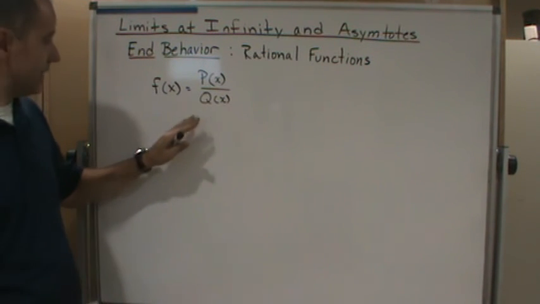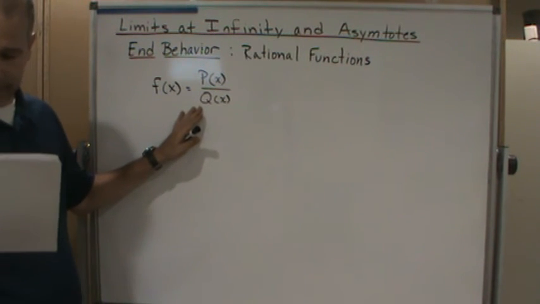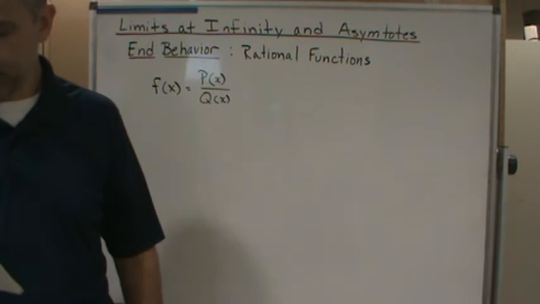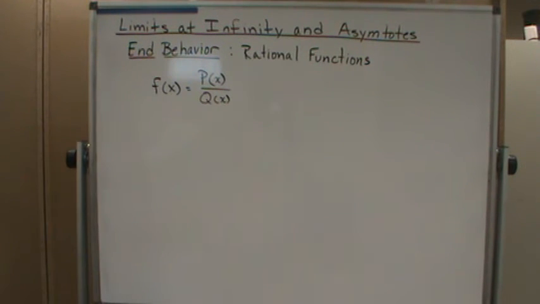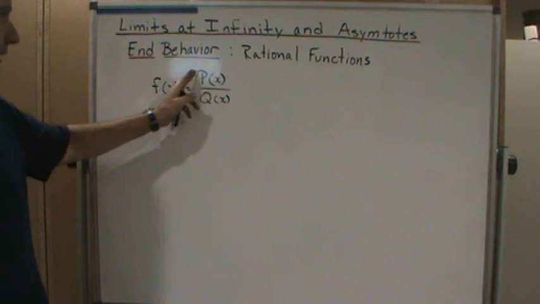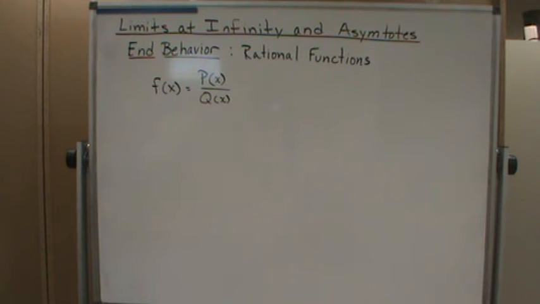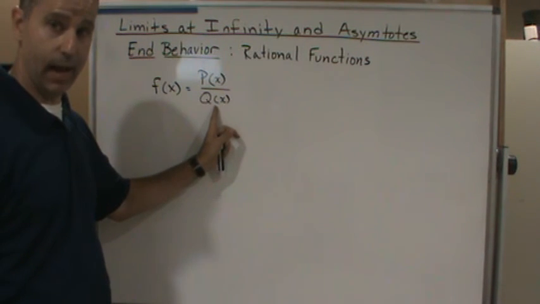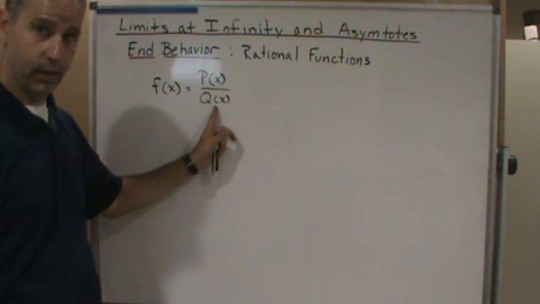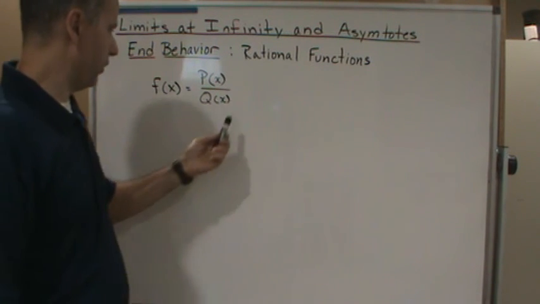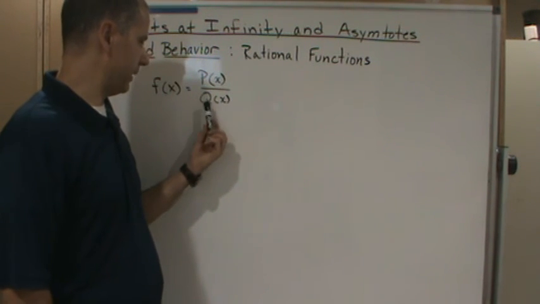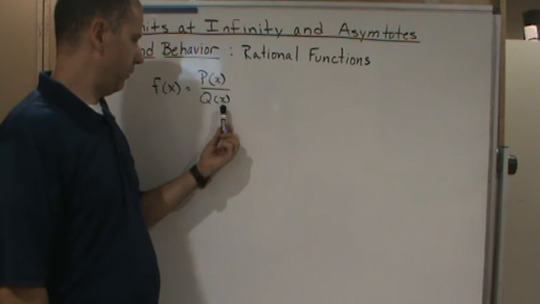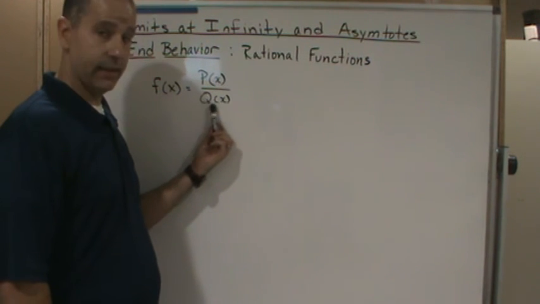Okay, so the technique, if you remember, if you have two polynomials, is to divide the top and the bottom by the highest power of x that appears in the denominator. So you're just going to divide the top and the bottom by the largest power of x that's in the denominator.